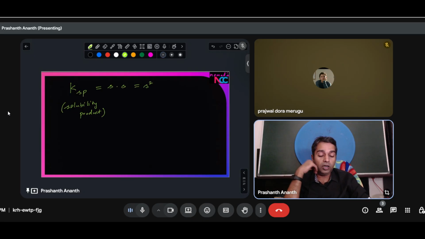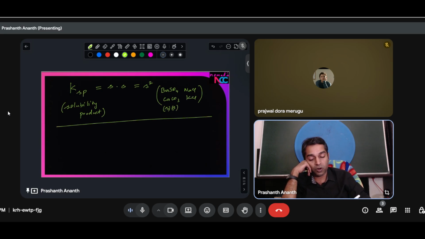This is for a salt which is going to be like say barium sulfate or calcium carbonate or NaCl or KCl, anything where we are going to be having S and S being generated, we will have this perfectly applicable. Let's look at another salt now. If I am going to be considering a salt like say Na2SO4, this fellow is going to be technically in a solid form.